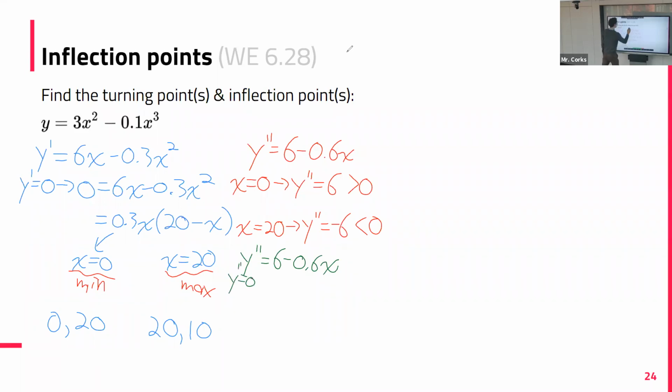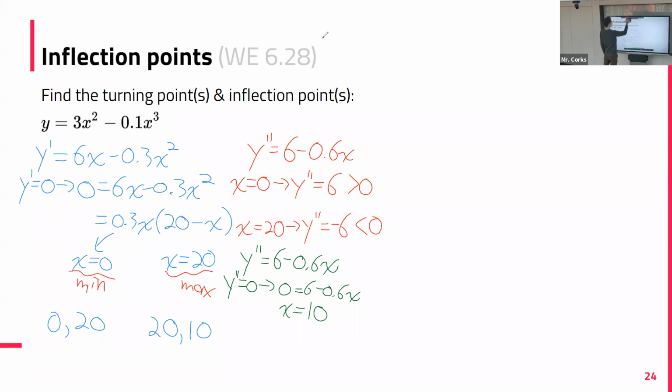Second derivative equal to 0. So 0 is equal to 6 minus 0.6x. And then x is equal to 10. Okay. So we have lots of information about this function here.